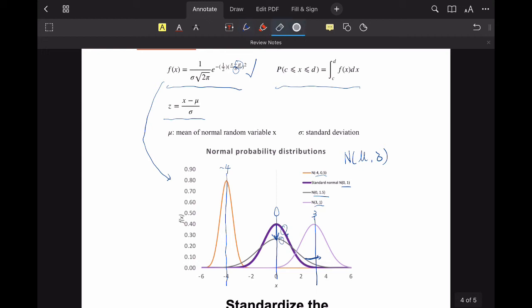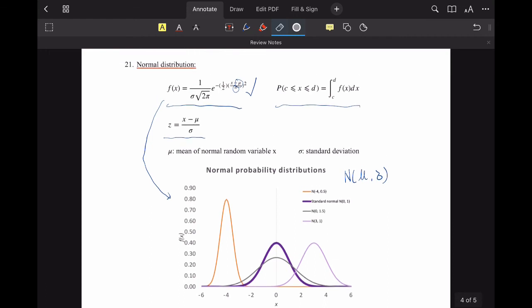Let me erase this because I want to talk about something else. You remember the 3 things that I just mentioned about every kind of distribution. We need to know 3 things. The first one is the definition.